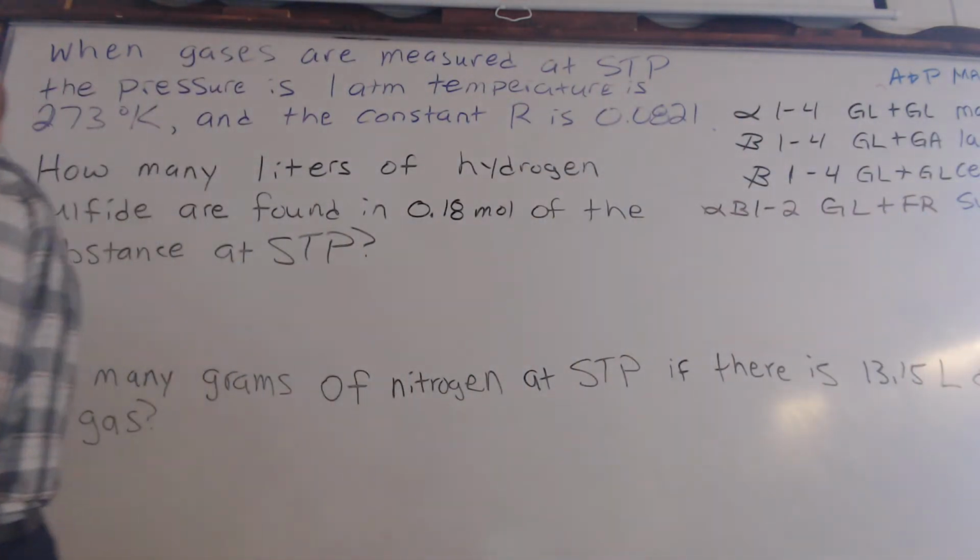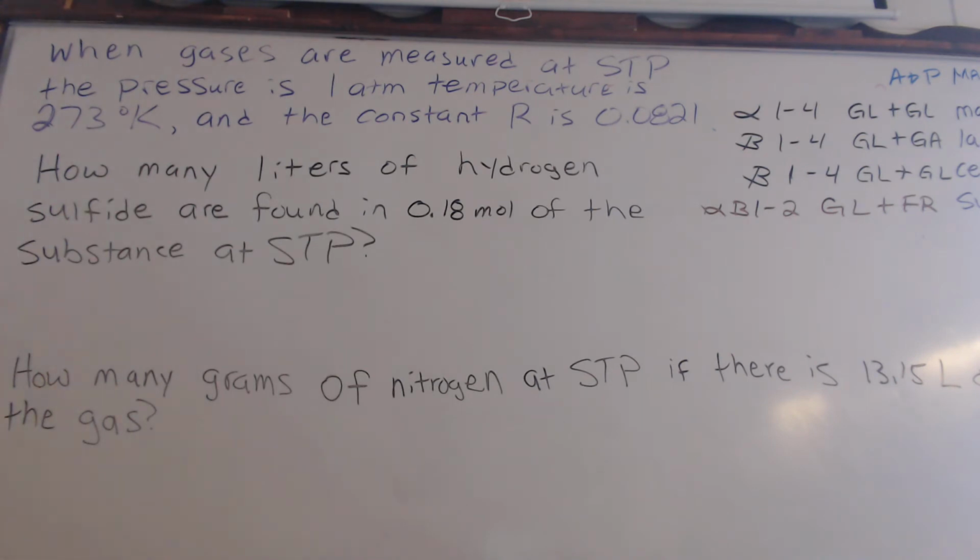And when gases are measured at STP, you can also presume that the volume of that gas is 22.4 liters. Okay? And this is where all these numbers are coming from.